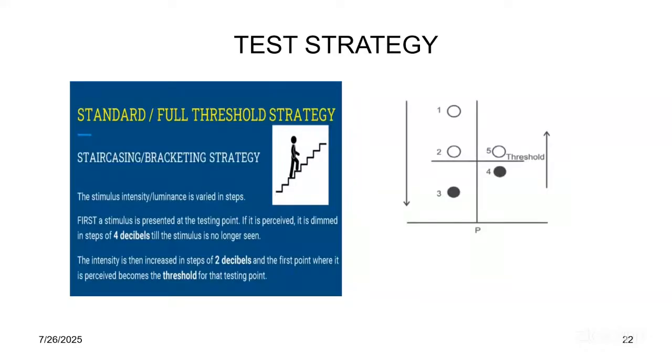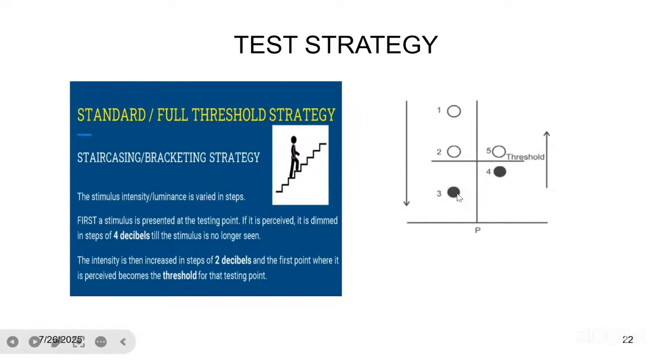So first, we have the standard or the full threshold strategy, which actually uses the staircasing or bracketing strategy, where first of all, you present a particular point with the brightest light stimulus, and then you decrease it by 4 decibels and see the point at which the patient cannot perceive the stimulus.